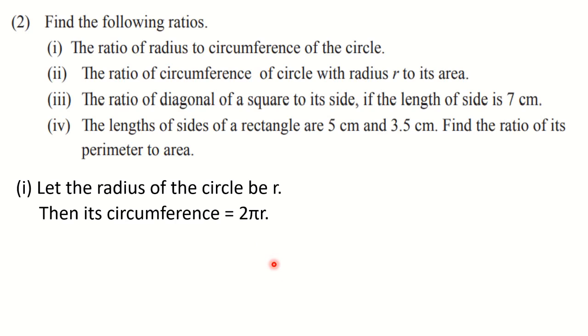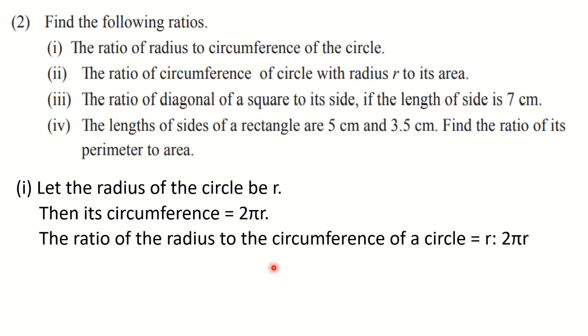Now you want to find the ratio of the radius to the circumference of the circle. So write the ratio, r is to 2 pi r. Here you can see that r and r can be cancelled, and the ratio will be 1 is to 2 pi. Okay. And then write down the final answer, that the ratio is 1 is to 2 pi. Okay. Copy it down.